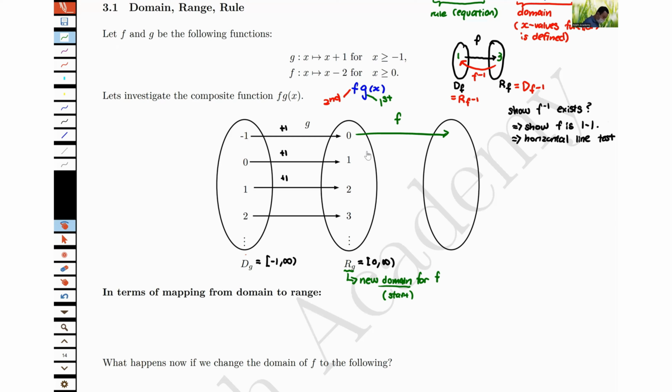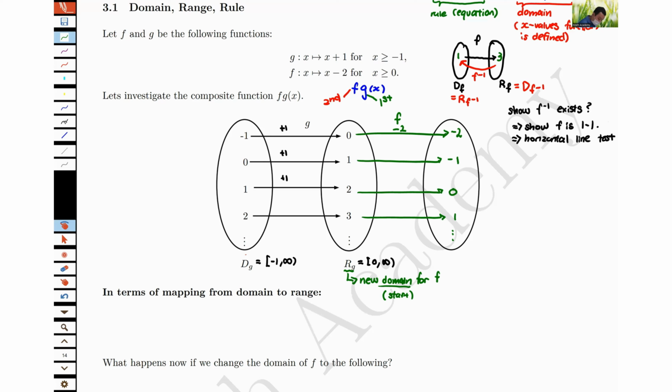When I apply the F function, it means every value we subtract 2. So I'm going to subtract 2 from that 0, we get -2. I continue to subtract 2, we get -1, 0, 1, and so on. You are thinking of the first range becoming the new domain on the second function.